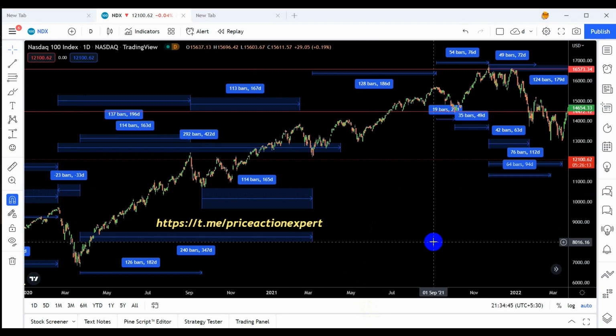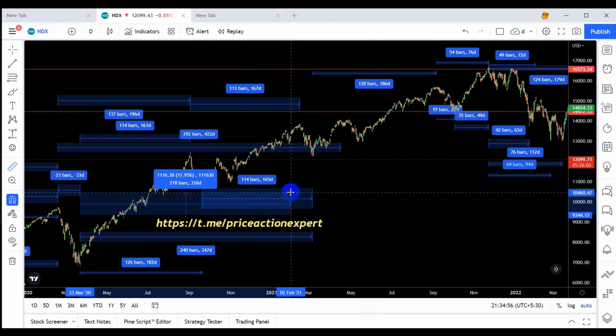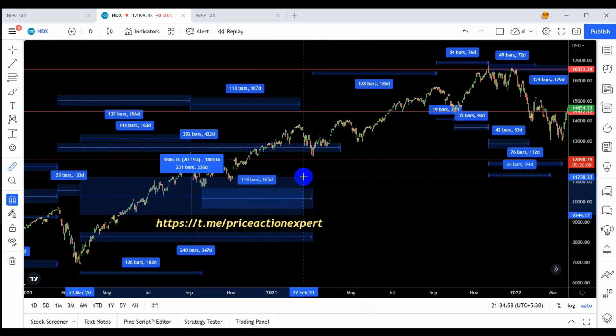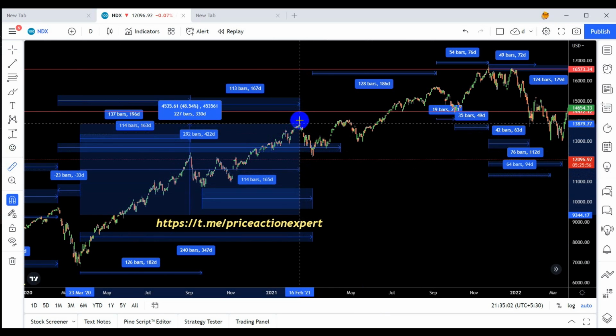So you can use the bars and the trading days as well. I'm going to take this 33 into 10, 330. First, initially I'm going to take 330 days, and 330 days is the exact high here. You can see the midpoint here.